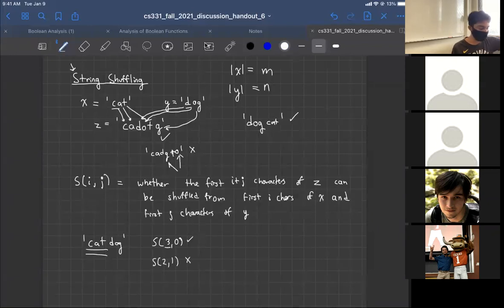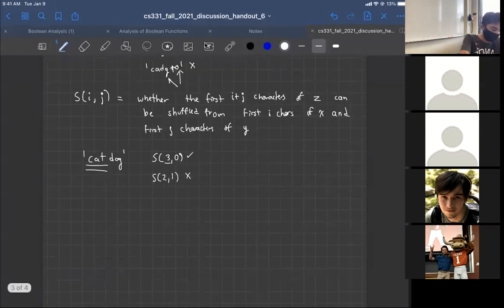Okay. So now we're going to the next part to build the recurrence. So S of I comma J. If S of I comma J is true, then what must be true about the I plus jth character of Z?